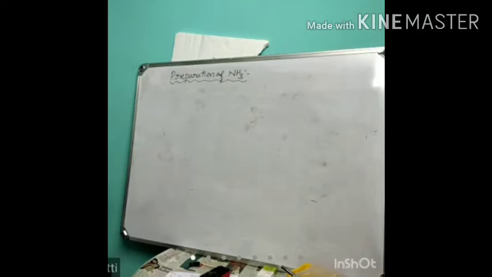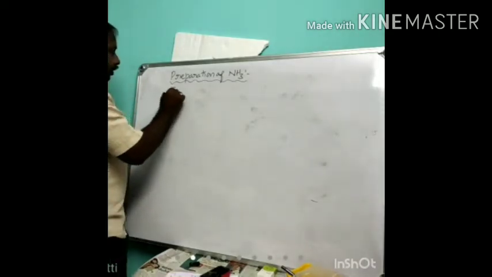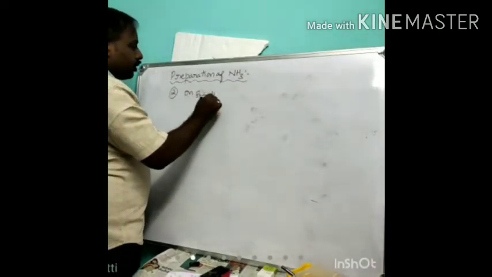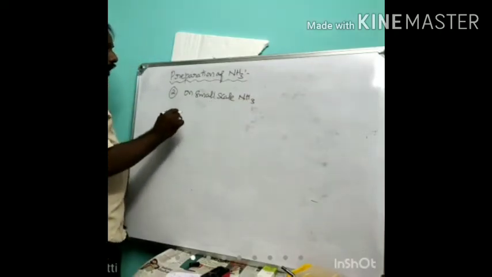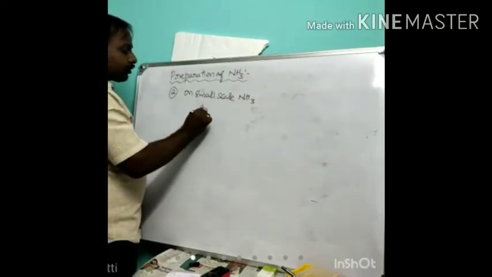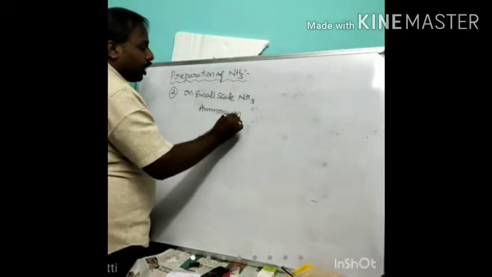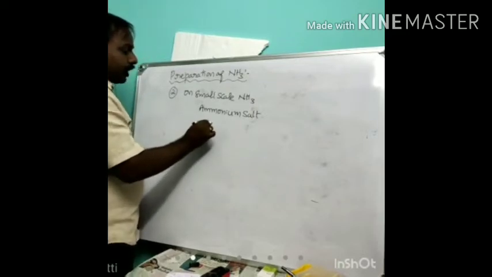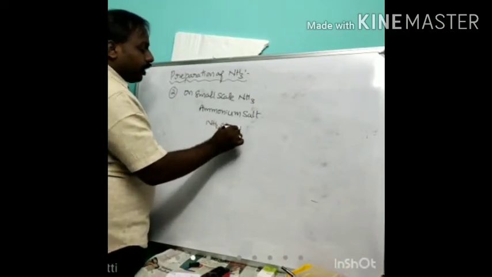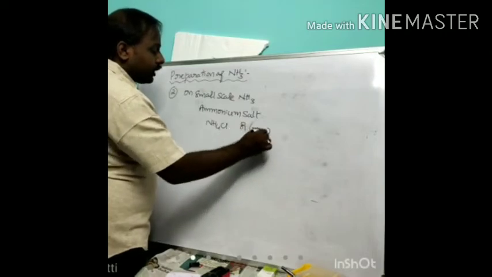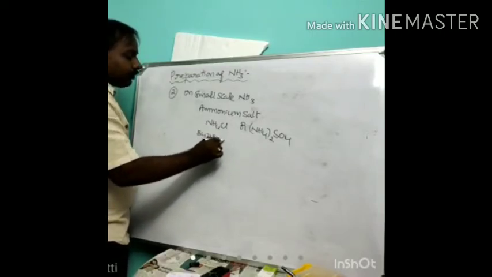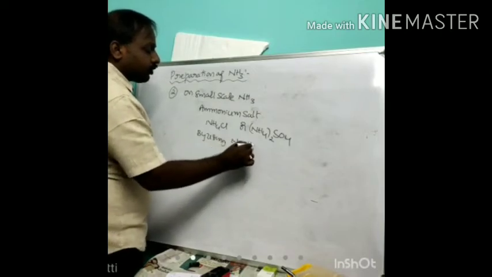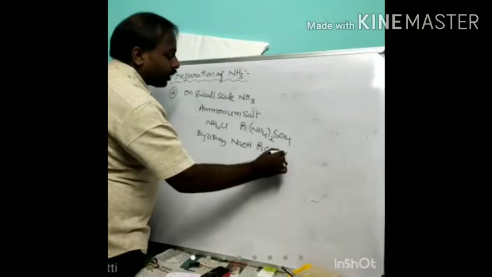On small scale, ammonia is prepared by decomposition of ammonium salts, like NH4Cl or (NH4)2SO4, by using either NaOH, caustic soda, or calcium hydroxide.